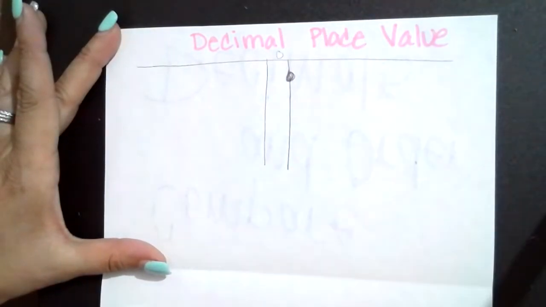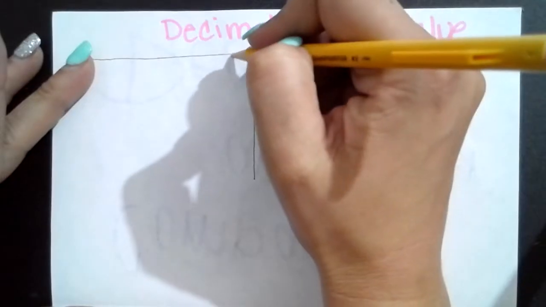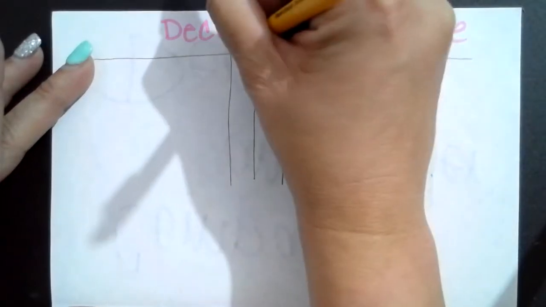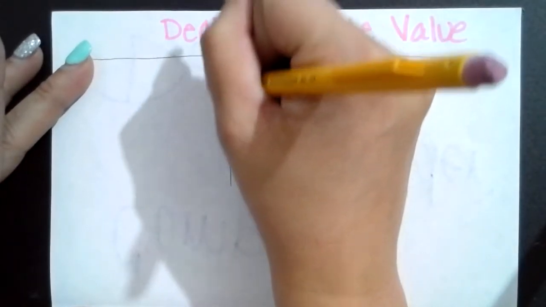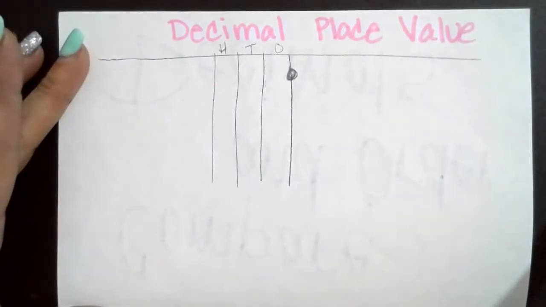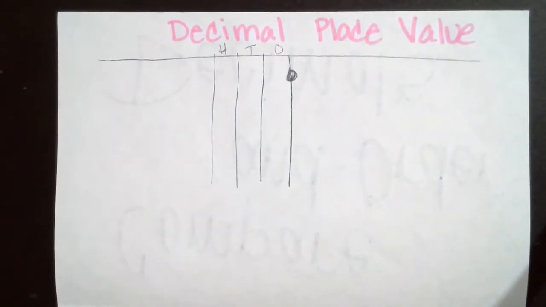So ones, and I'm not writing the whole word. We should have those down by now. Here I've got tens. Then I'm going to have hundreds. Okay. Then I know that that is the end of this period.